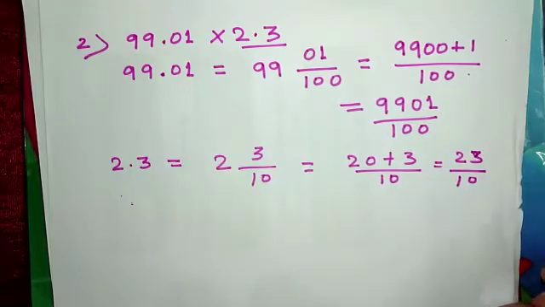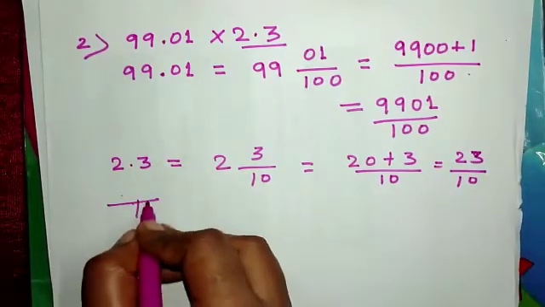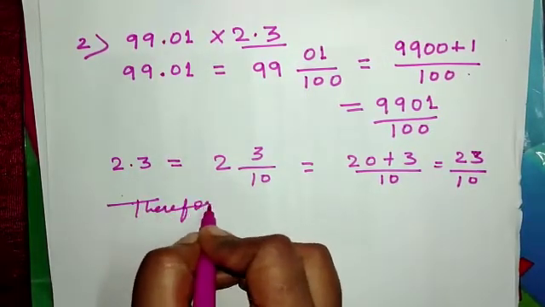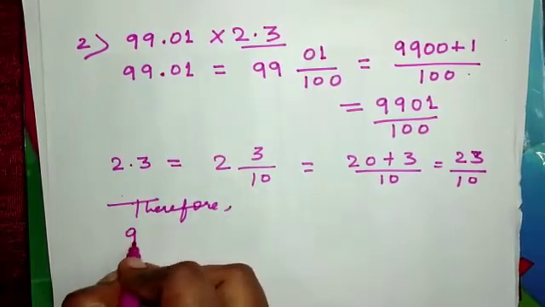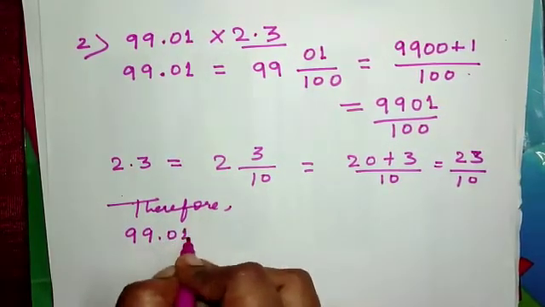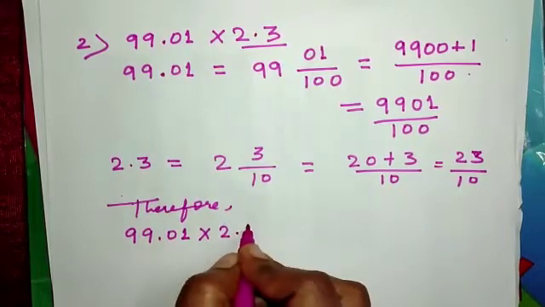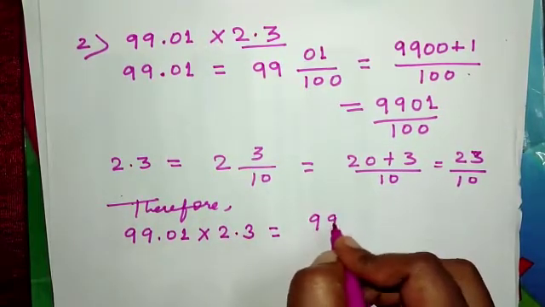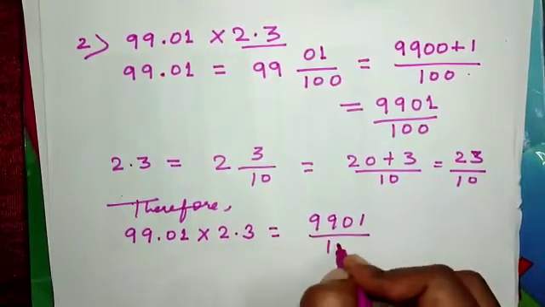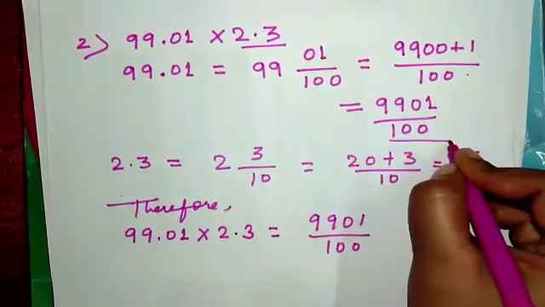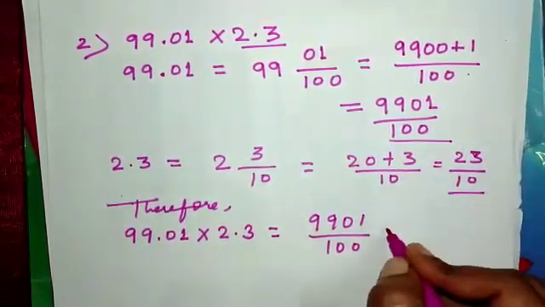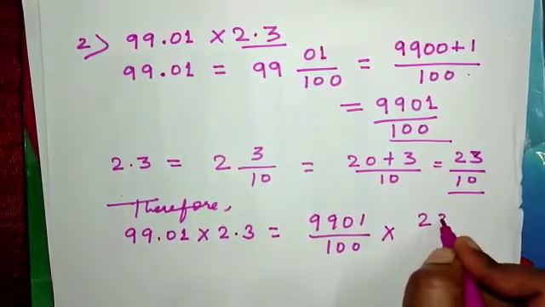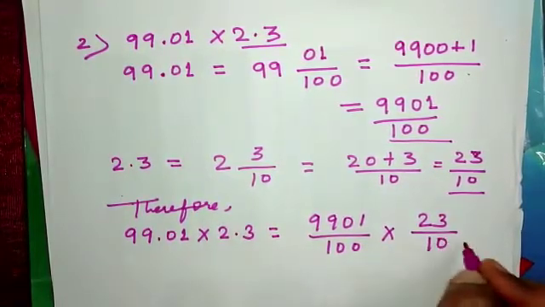Okay, same, therefore we will write 99.01 into 2.3 is equal to 9901 by 100. This form first we will write, then we will write this one into 23 by 10.